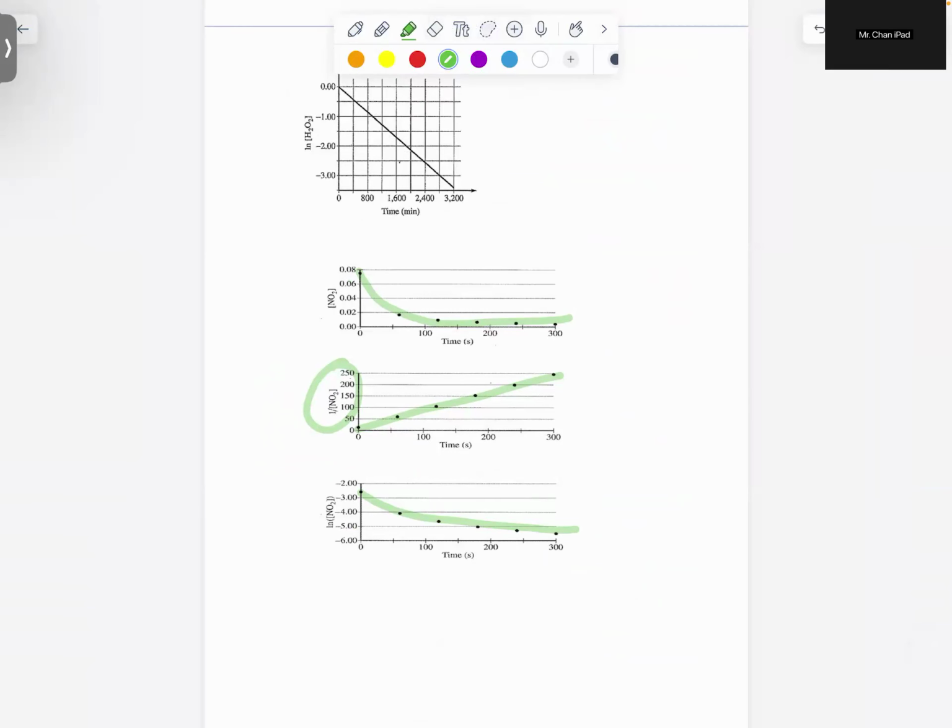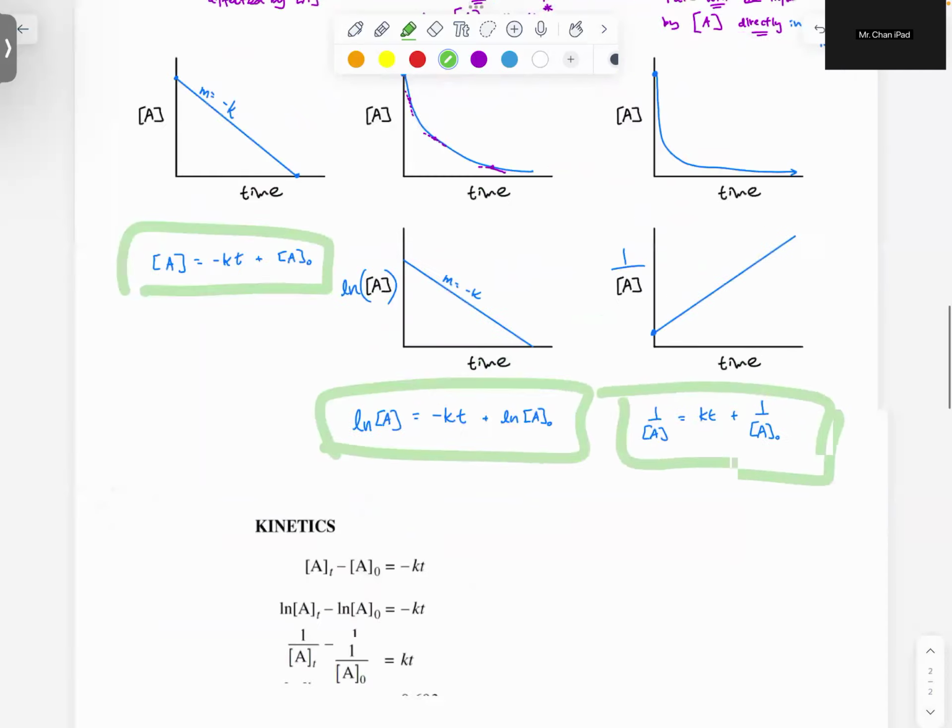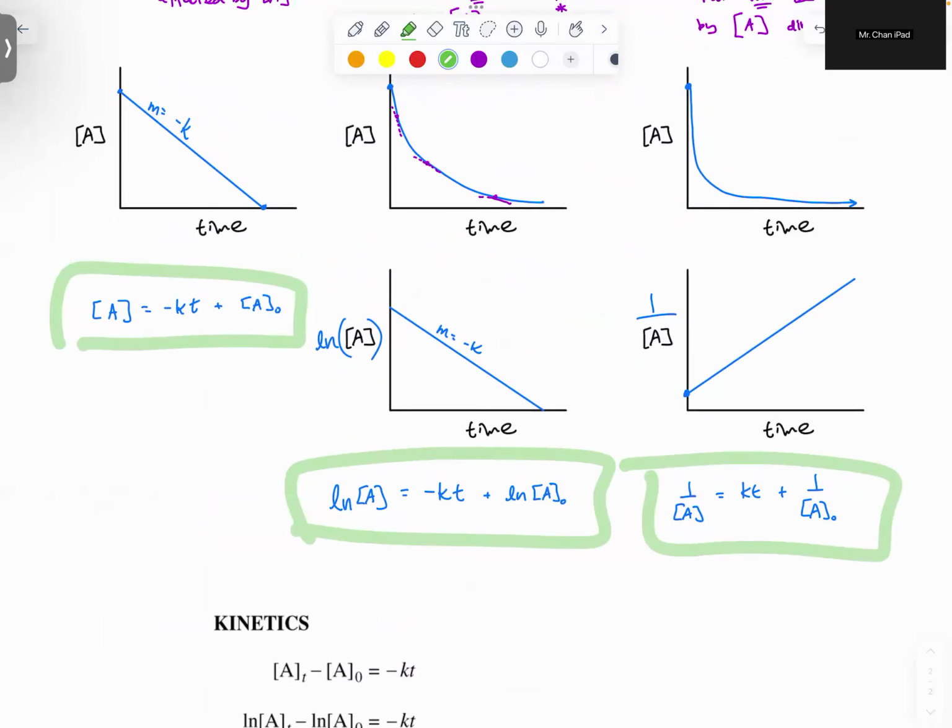Yes? Now, if you're good, I just got one more thing to add for these three equations. Now, we will do some calculations with these. No rush. But what I want you to acknowledge first is a name. These three equations are known as the integrated rate law. Okay, integrated rate law.